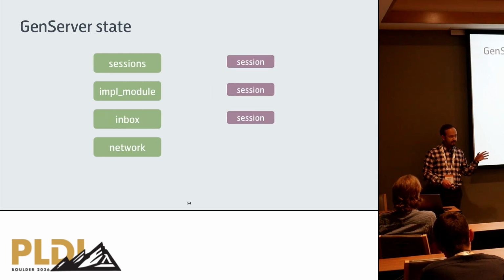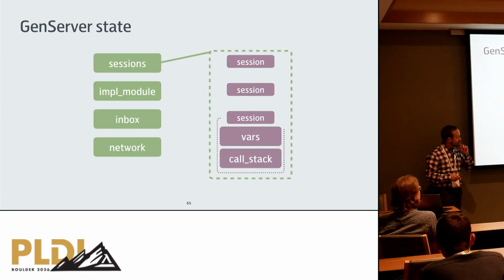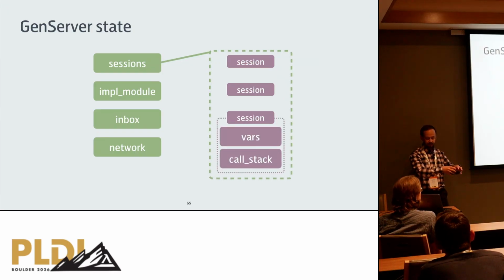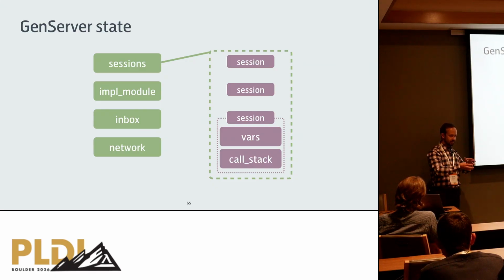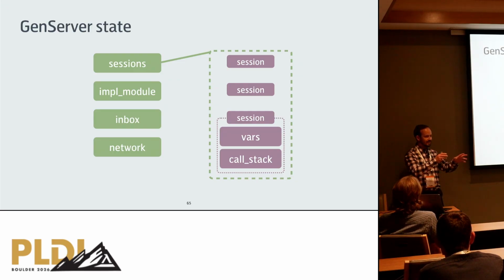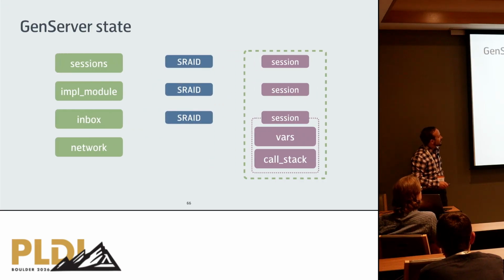So this is just a map of a bunch of sessions, and each session holds the local variables at that point, as well as a separate stack. And so this is like a gen server, but it's got multiple versions of itself that it can teleport between. And each of these are keyed with something called an sRAID.